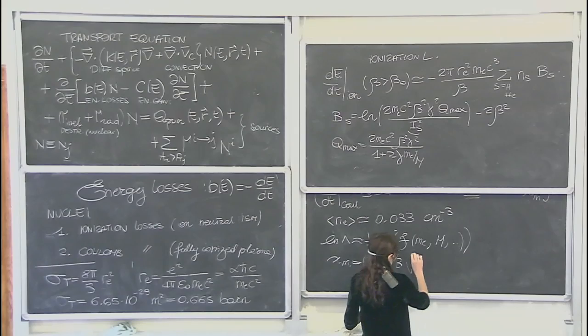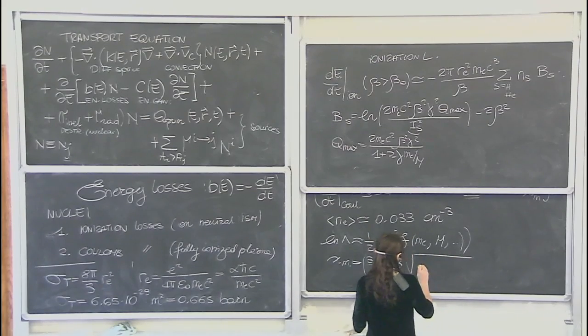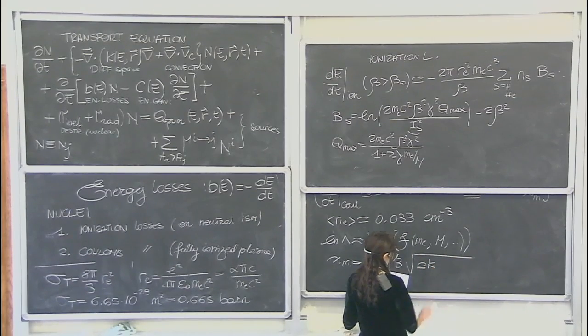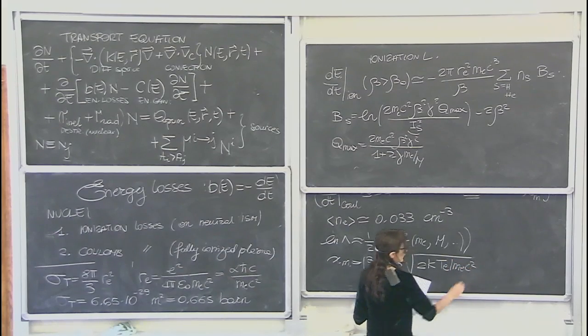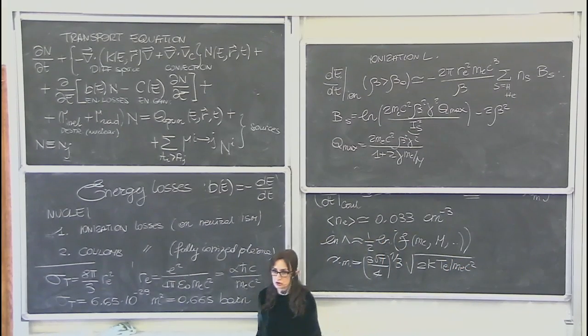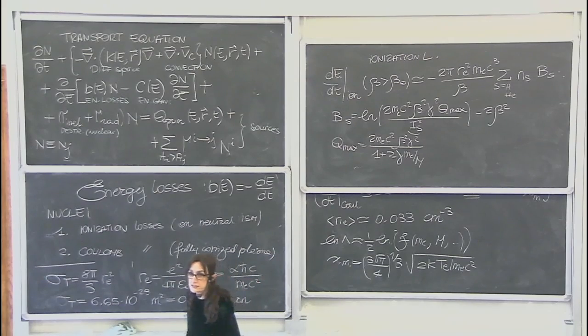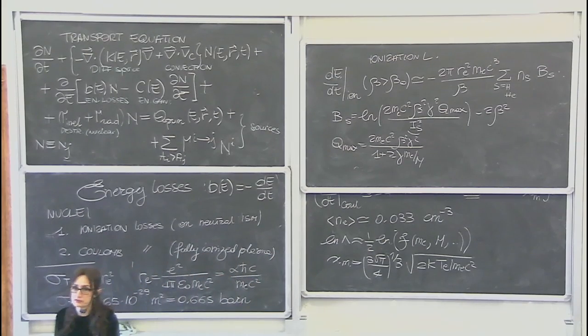But then we have the square root of twice k, the Boltzmann constant, the temperature of these electrons. So not only the density is necessary, but you should also know the temperature of this plasma.